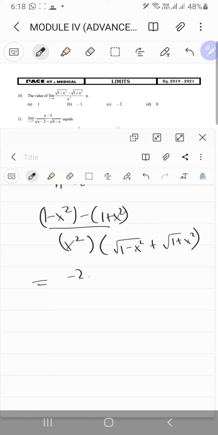This is just minus 2 x squared upon x squared gets cancelled. And square root of 1 minus x squared plus square root of 1 plus x squared. Then just put x equal to 0 into this thing, so this should be negative 1.